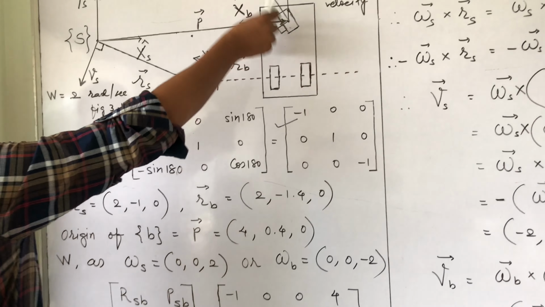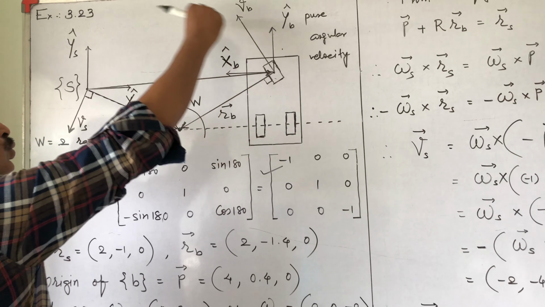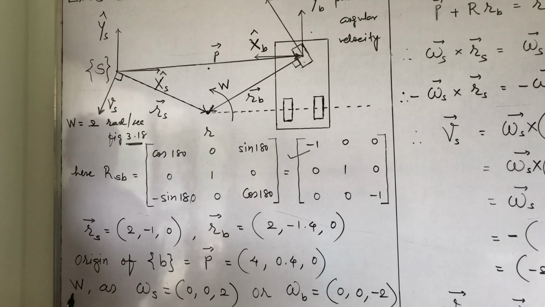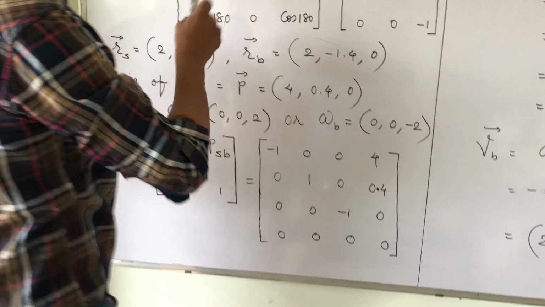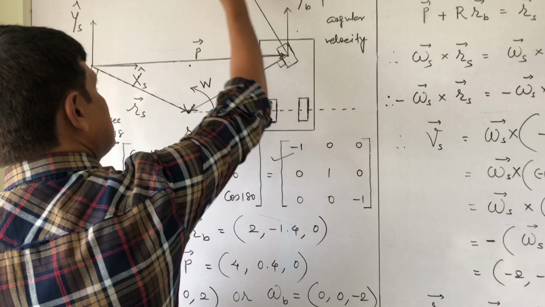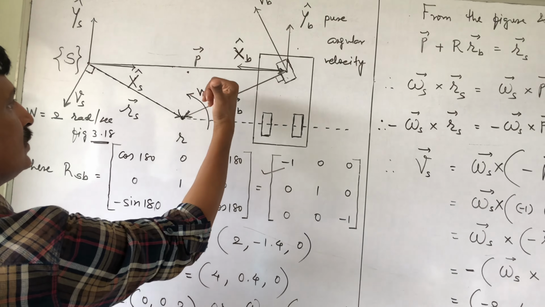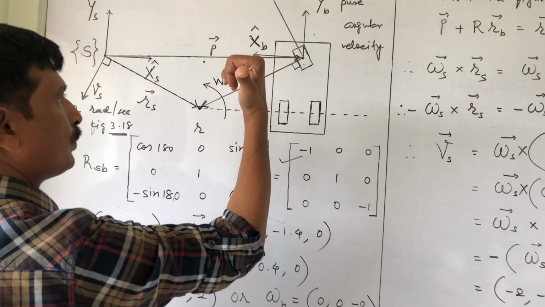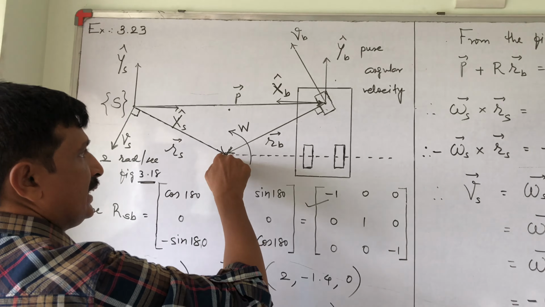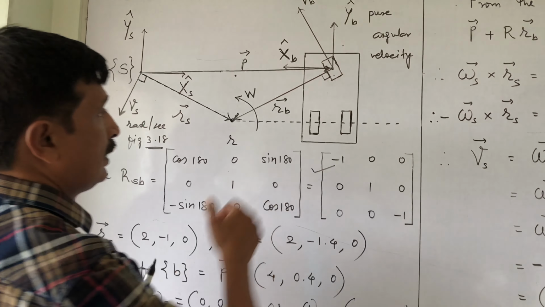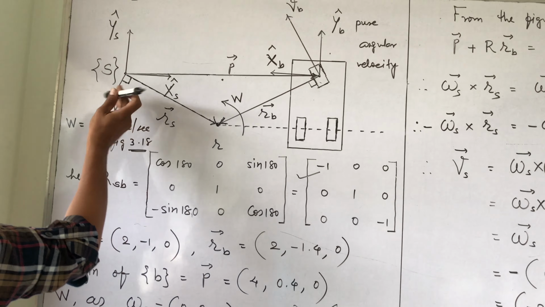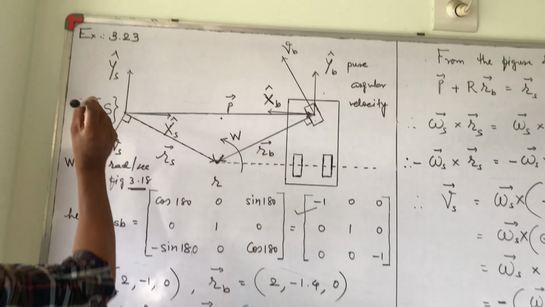It is rotating about this axis at 2 radian per second. So omega S is 0, 0, 2. The car is rotating this way. So of course the angular velocity is coming out of the plane of board. Axis is here. So the angular velocity must be in this direction. For S frame, X here, Y here, Z is here.